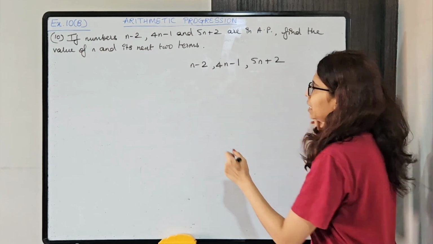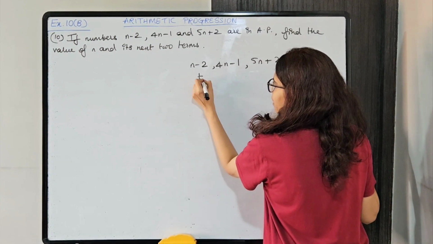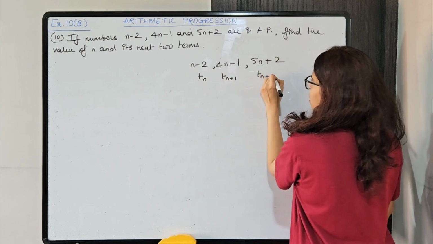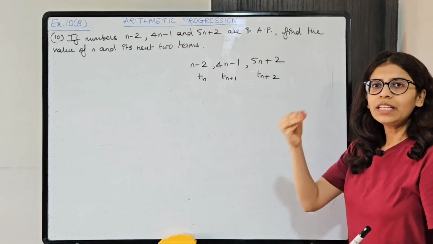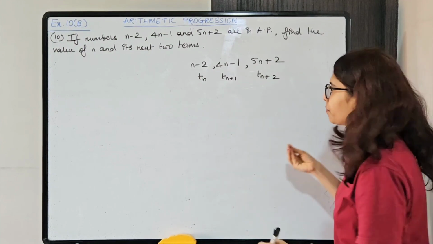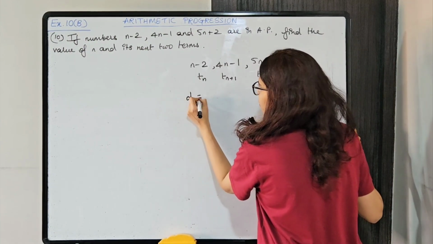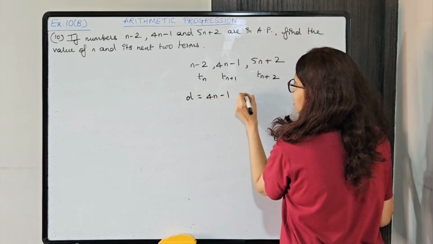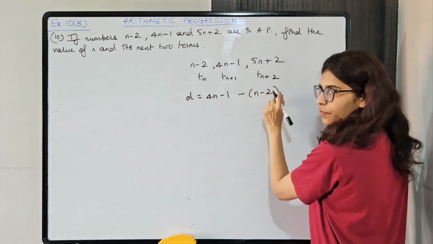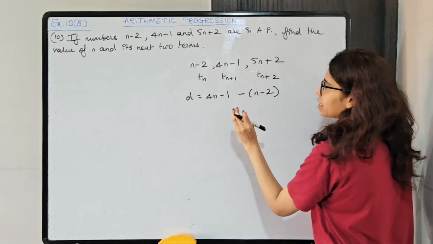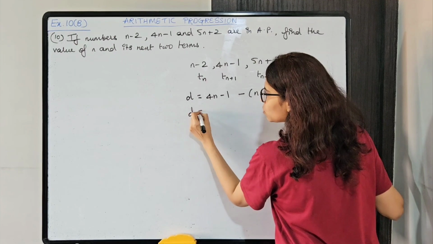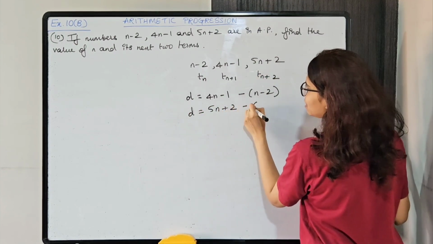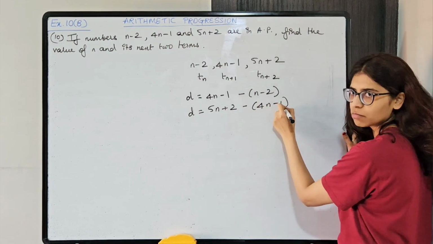Now if these are three consecutive terms, this is tn, this is tn plus 1, this is tn plus 2, then what will be the common difference of the AP? I can say common difference will be 4n minus 1 minus n minus 2. Correct? Same way, common difference will also be 5n plus 2 minus 4n minus 1.